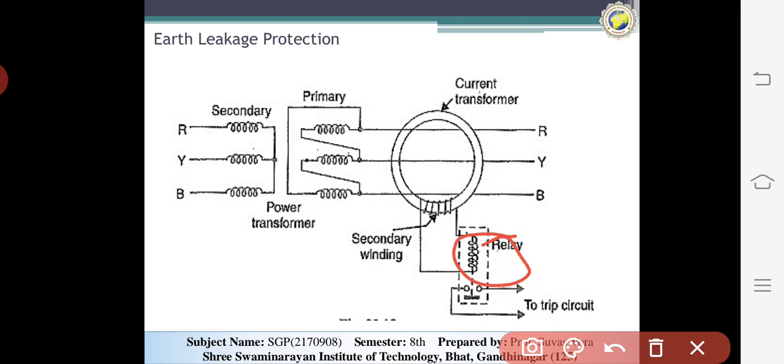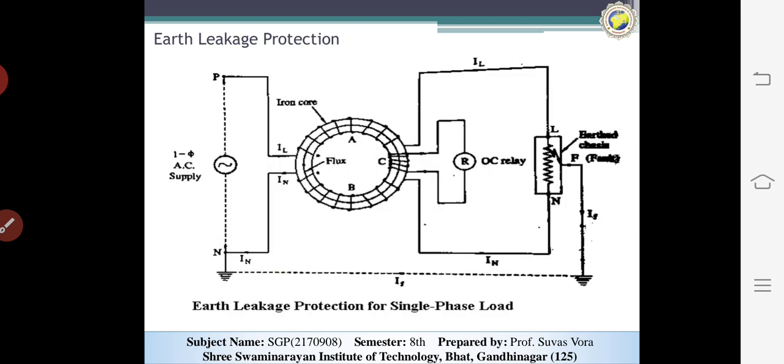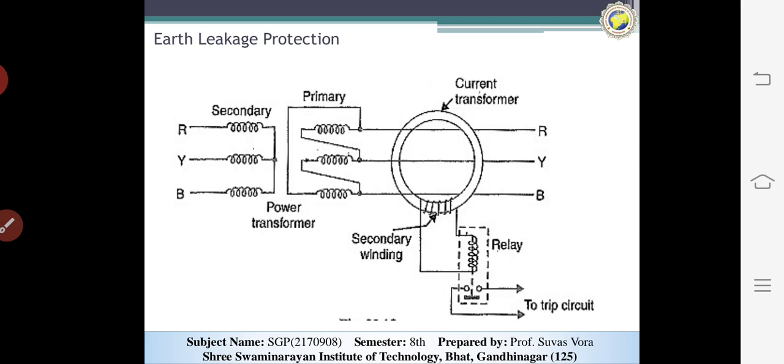The relay coil will be energized, and this energized relay will move the plunger upward, and this contact will close the trip circuit. The trip circuit is connected with the circuit breaker, and the circuit breaker will open. So this is the basic trip circuit operation for single-phase and three-phase load systems.